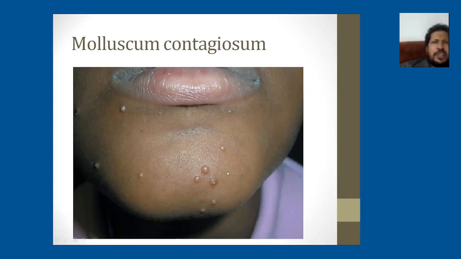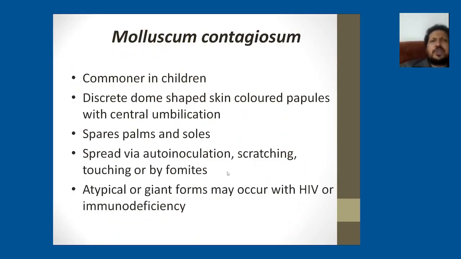It's caused by pox virus, common in preschoolers and school-going children. Usually it spares the palms and the soles, and spreads via autoinoculation, scratching, touching, or by fomites. What are fomites?